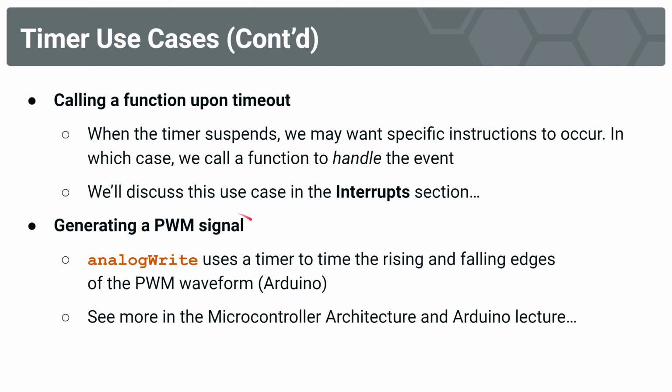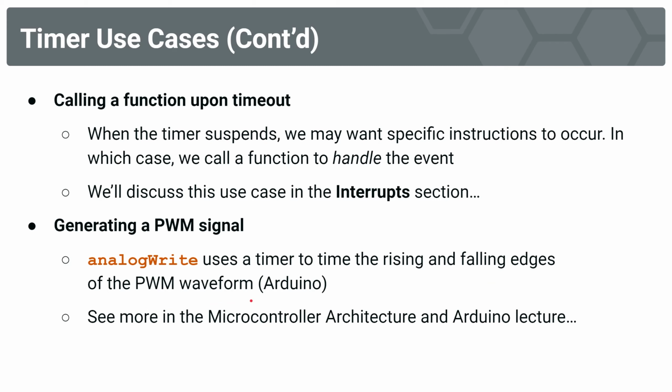And that last case should look somewhat familiar. We would use timers to generate a PWM signal. When you call analog write from your Arduino, that uses a timer to generate the PWM signal and more importantly, to time the rising and falling edges of the PWM waveform.